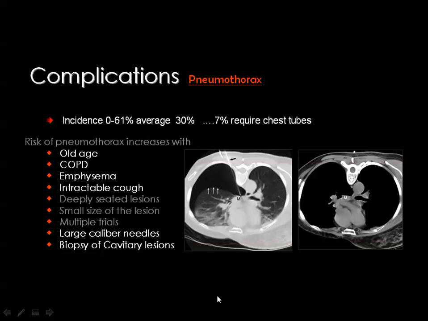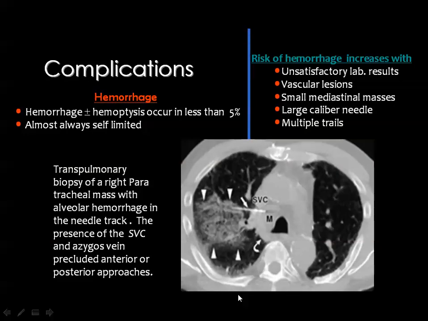I usually recommend a 19 or maximum 18 gauge needle for doing lung biopsies, especially whenever you are traversing lung parenchyma while approaching the lesion itself. Also, if you are biopsying a cavitary lesion, you may have the chance to put your needle inside the cavity, and then you get some air leakage, and the incidence of pneumothorax in this case will be high.